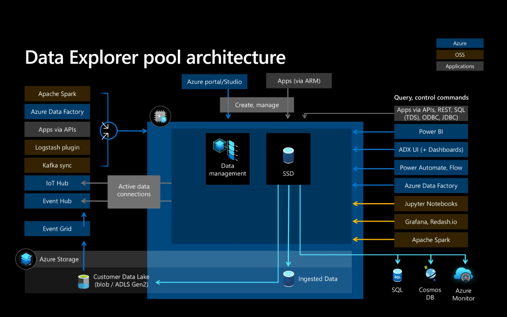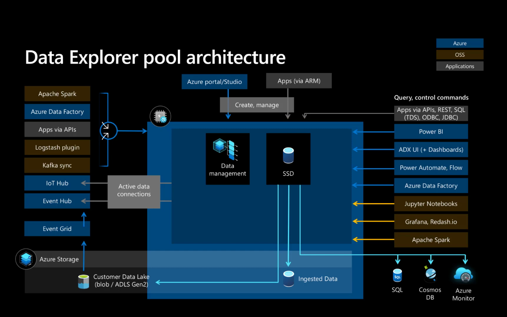The pools consist of a set of computes running the engine that is responsible for automatically indexing, compressing, caching, and serving distributed queries. And they have a second set of computes running the data management service responsible for background system jobs and managed and queued data ingestion. So all of the data is persisted on managed blob storage accounts using a compressed columnar format.